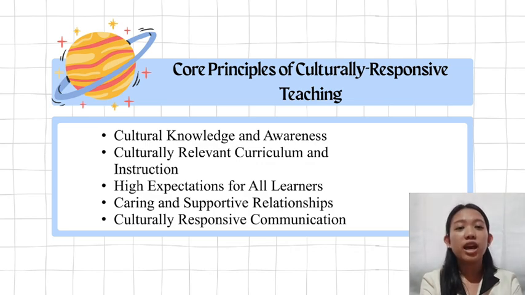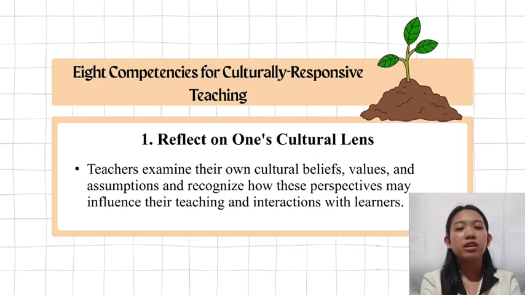Now let us look at the 8 competencies that show how teachers can apply these principles. The first competency is reflect on one's cultural lens. Now, teachers have their own beliefs, values, experiences, and cultural backgrounds which can affect how they interpret learners' behavior.